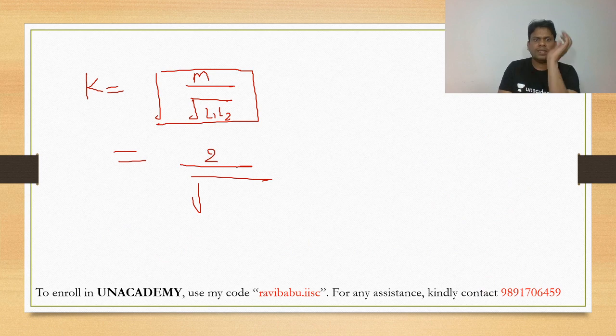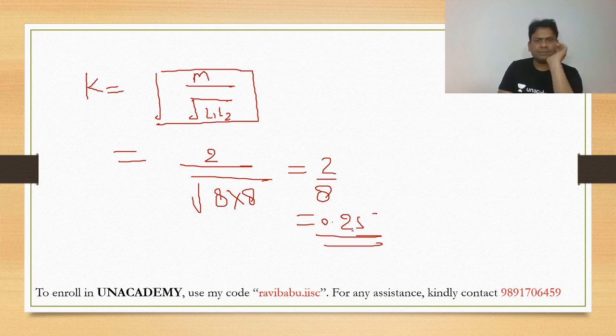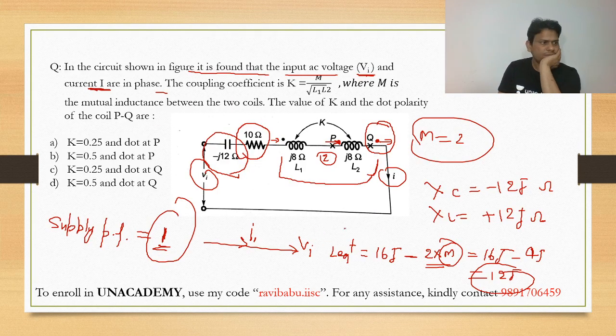So 8 and 8, how much will it be? 2 by 8, I think. So 2 by 8 is 1 by 4, so 0.25. Is there any such option? Yes, so option C is right. Option C is right.